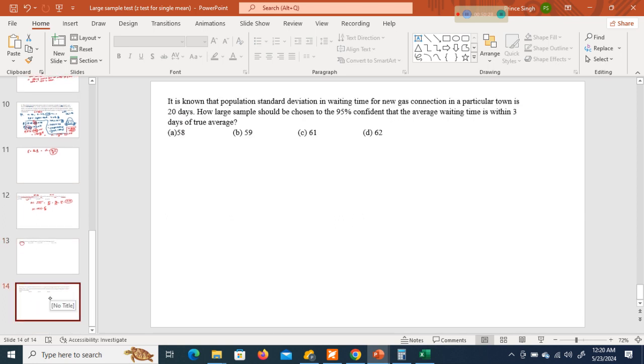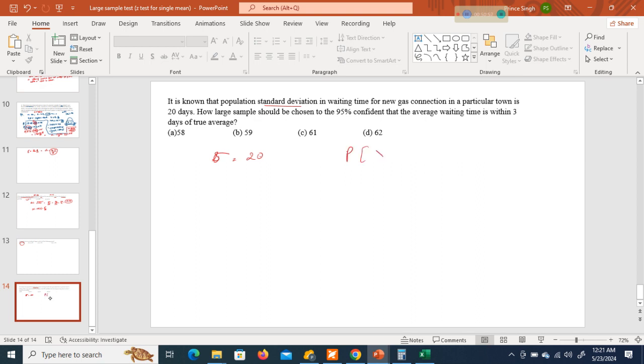Okay, the next question is, it is known that the population standard deviation in waiting time for a new gas connection in a particular town is 20 days. Population standard deviation sigma is given here as 20 days. How large a sample should be chosen to be 95% confident that the average waiting time is within 3 days of the true average?